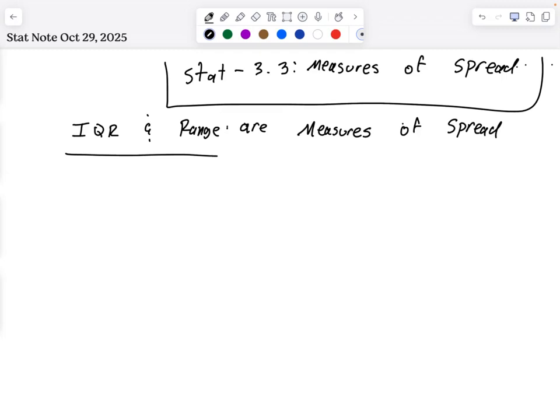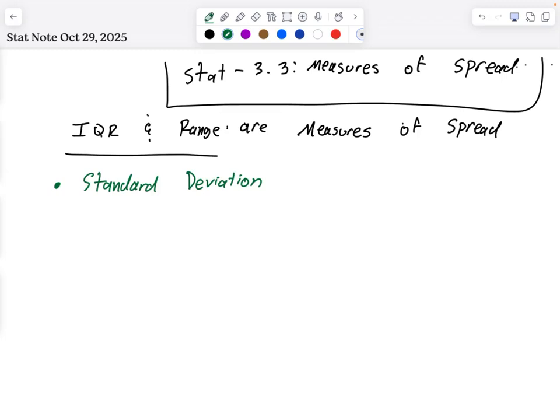We have a new measure of spread that we just covered. What was the one that we covered on Monday? Does anybody remember the name of the new measure of spread that we talked about when we were working through the Amplify? Close. It's the standard deviation.